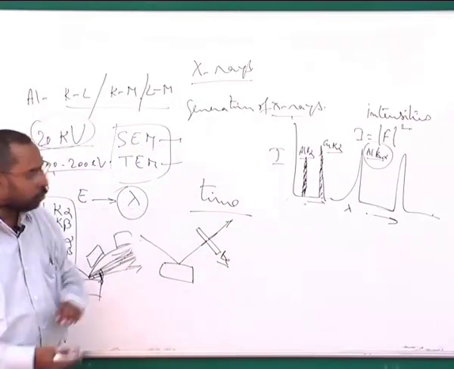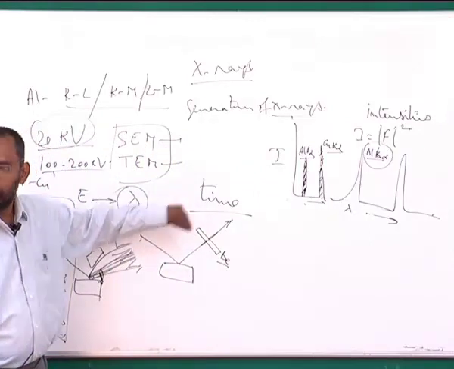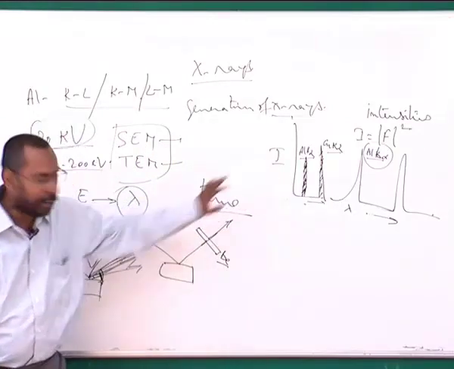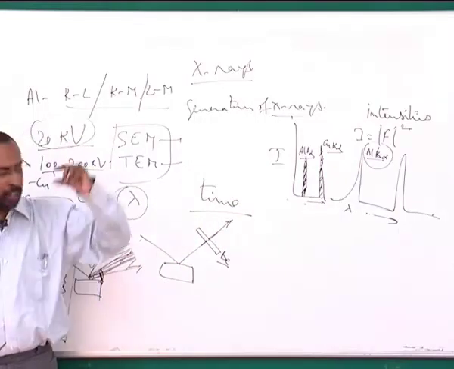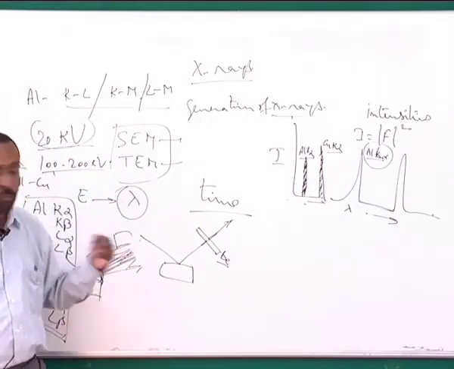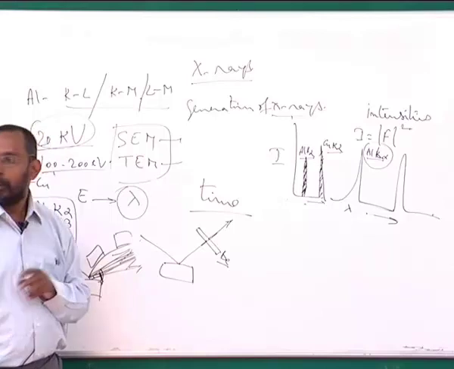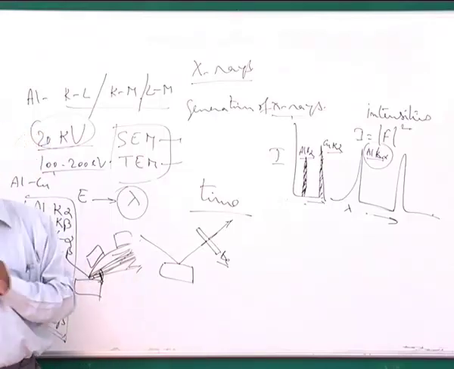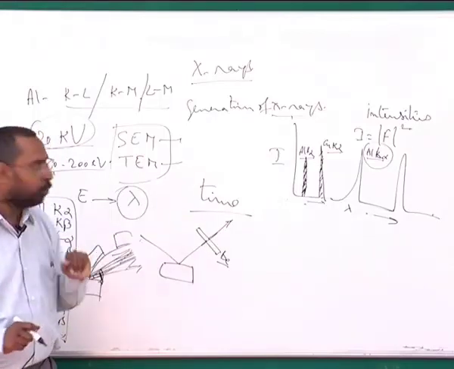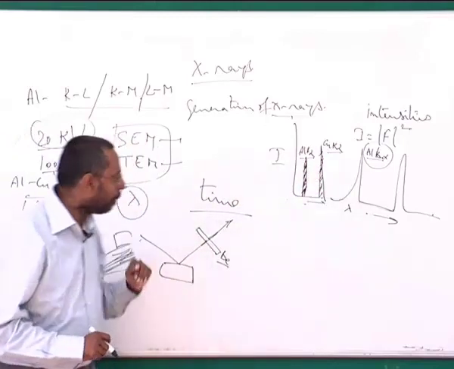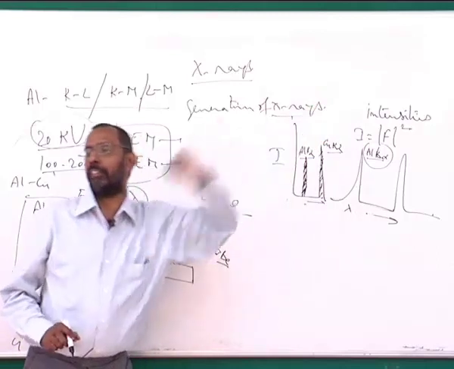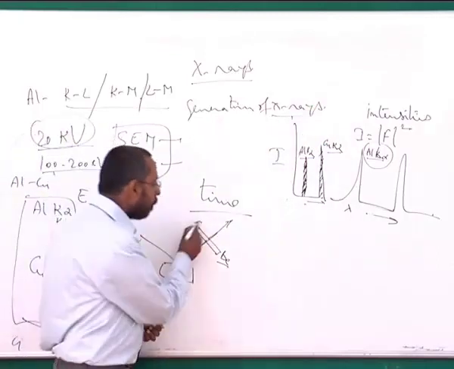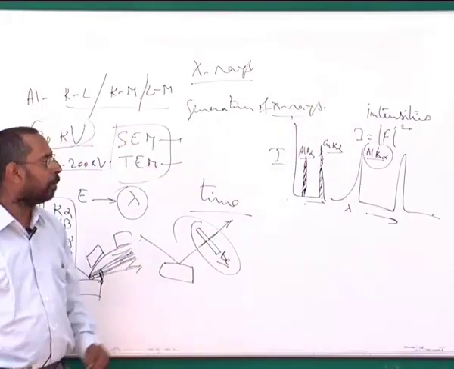Generally people try to use a low atomic number window, so that the X-rays that are coming out are not getting lost by the electrons in the window itself. So they use a very thin window. Nowadays there are also certain microscopes that are coming up which use a windowless technique, where no window is used, and they somehow maintain that this particular detector is able to collect all the X-rays that are coming out. So there can be some loss here also. One has to keep that in mind.